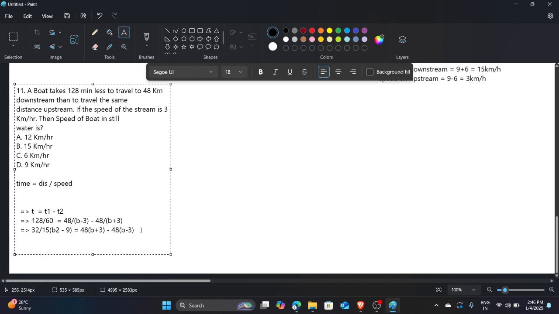Now what you get: 2 v square minus 18 equal to 9 into 15. 2 v square is equal to 9 into 2 minus 9 into 15, so 9 is common.